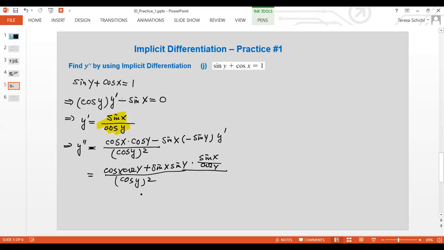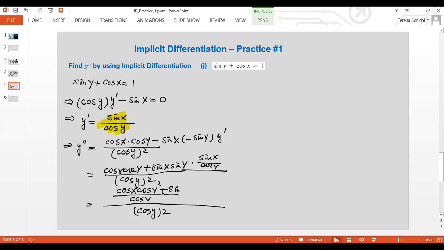Okay, now it becomes an algebra task again. So this is a cosine y to the square, common denominator cosine y. Okay, so the first term, because it's a common denominator, is a cosine y, so you will have a cosine x, cosine y square, plus sine x times sine x, so it's a sine x, right?